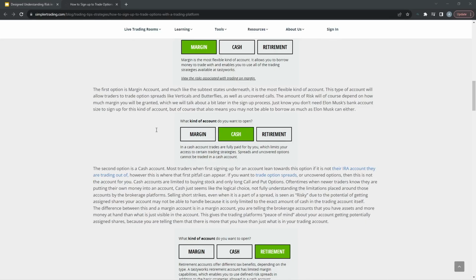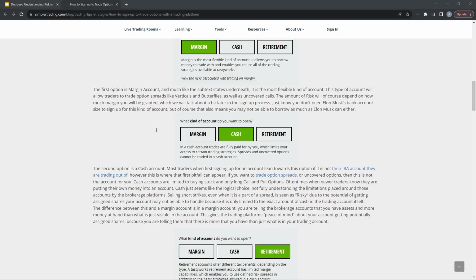Typically, most brokerage platforms will ask you to set up a margin account if you want to trade things like verticals and butterflies, as well as uncovered calls. And the amount of risk, of course, will depend on how much margin you will be granted, which we'll talk about a little bit later in the sign up process.